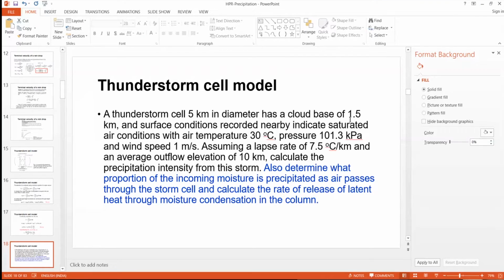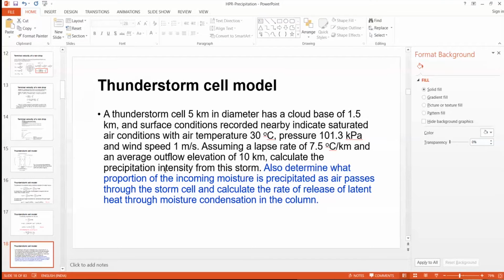So the inflow region height is 1.5 kilometer, and the air temperature is given as 30 degrees centigrade, and pressure is given as 101.3 kilopascal at the surface, and the wind speed is given as 1 meter per second, and the adiabatic lapse rate is given as 7.5 degrees Celsius per kilometer, and the average outflow elevation is 10 kilometers. That is the thunderstorm cell height is 10 kilometers.